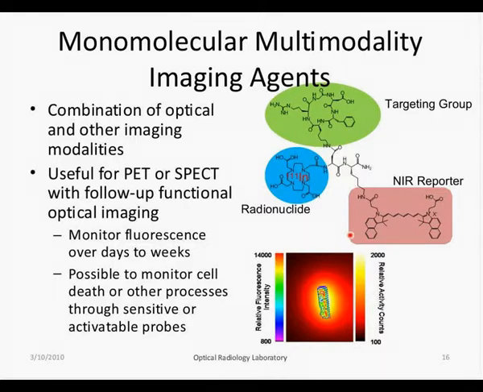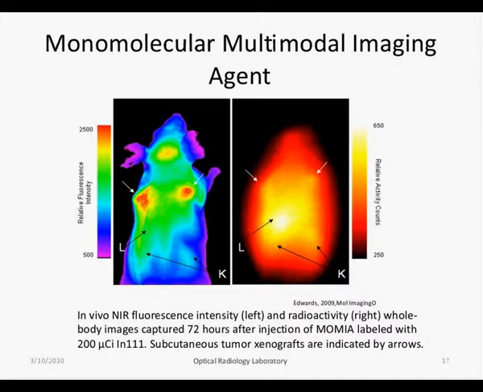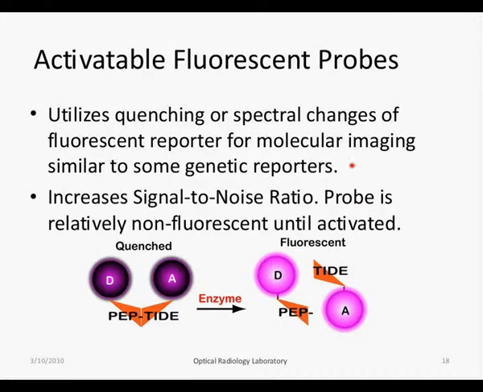Another method, as I mentioned earlier, is using activatable fluorescent probes. Often the most typical example is using a quenched probe, which can use two fluorescent agents. So for simplicity, when fluorescent agents are in close proximity, energy transfer can occur such that the fluorescence is quenched. The quantum yield is reduced significantly so that the fluorescent reporter is non-fluorescent until it's acted upon by some mechanism that is designed into the system.